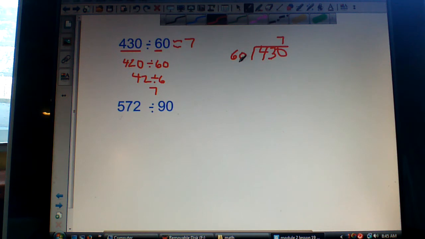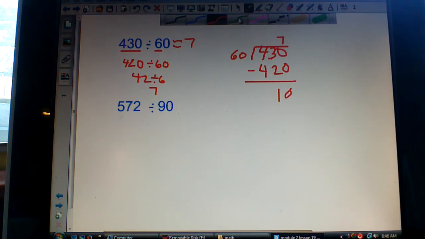We're still in the tens unit. So 7 times 60 is right here. It's 420. Subtract 0, 1. So now we have 10 as our remainder.